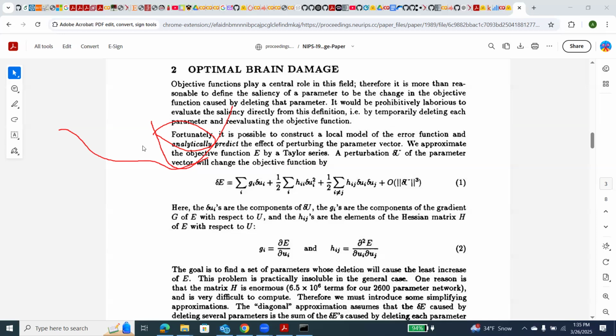So, for example, just by grid search, we can remove one neuron and calculate the loss function up to the second order.